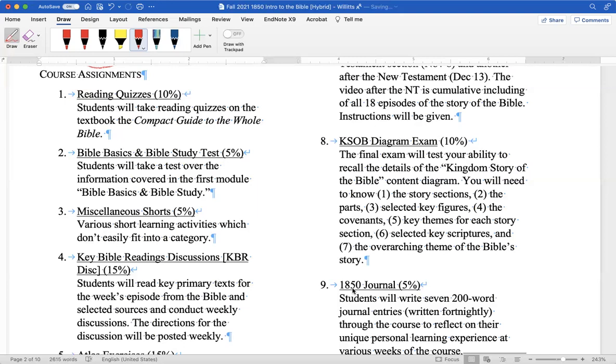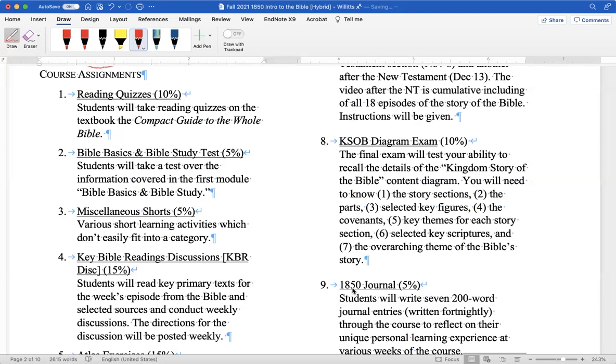And in the first 2 weeks of our course, we're going to be in a module called An Introduction to Biblical Studies, where we're going to learn about the basics of the Bible, and we're going to learn an easy method to studying the Bible. And at the end of those 2 weeks, there's going to be an objective exam that tests you over the content of those first 2 lectures.